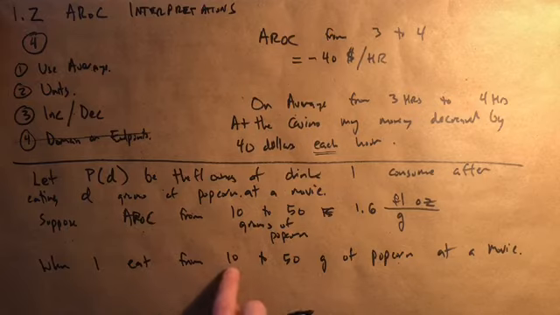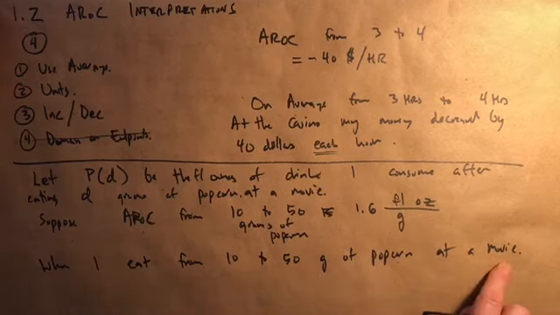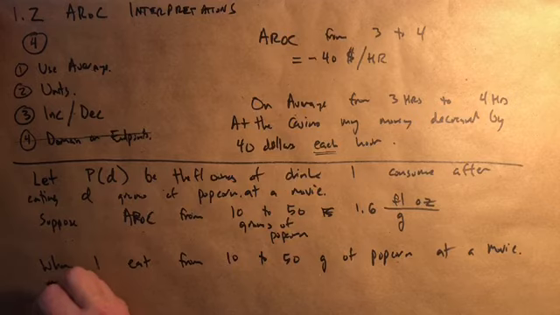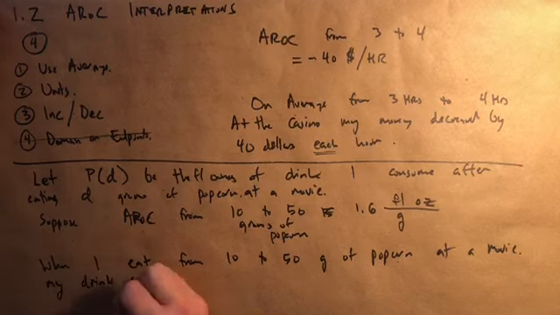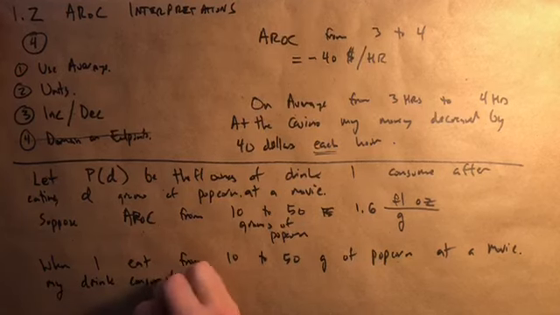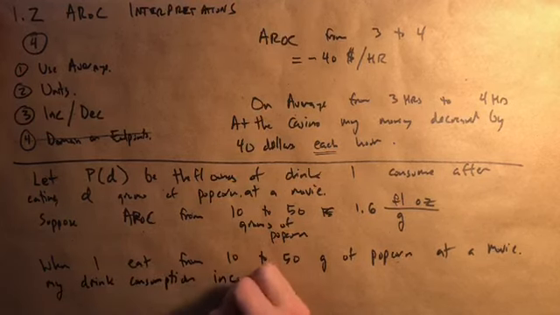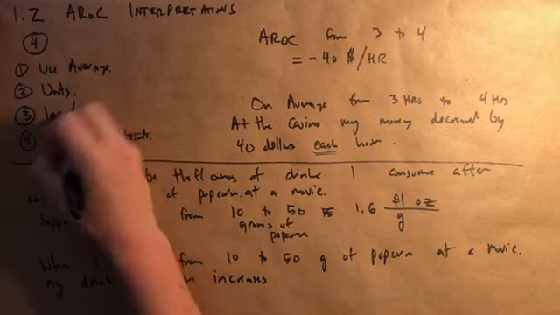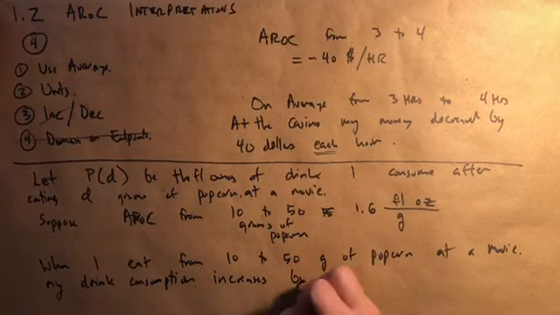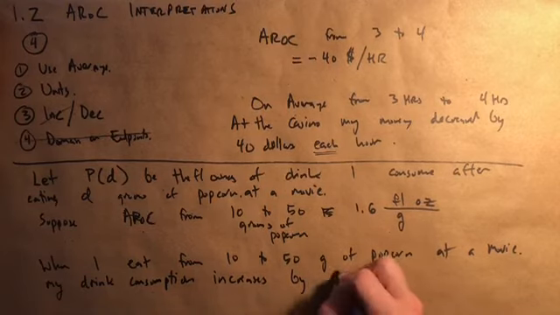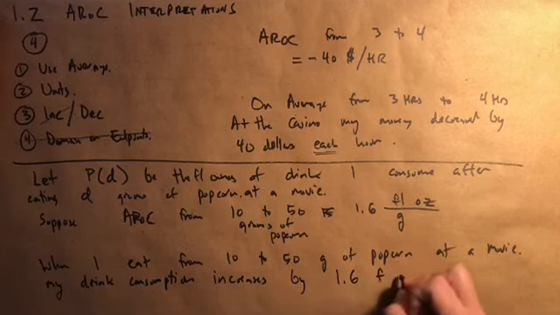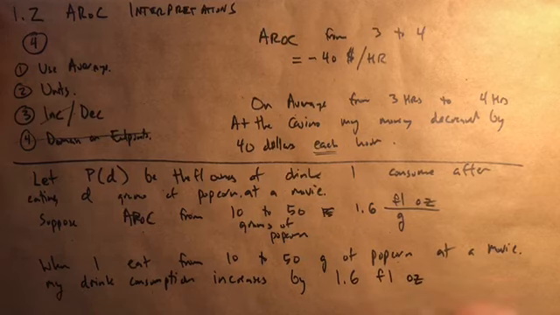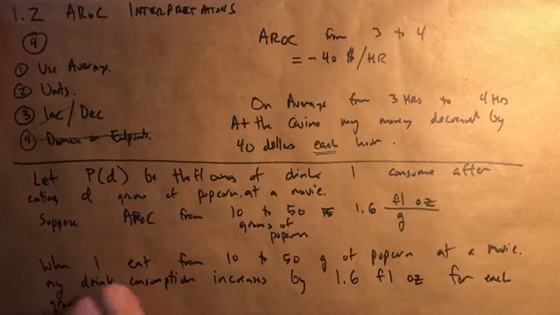When I eat from 10 to 50 grams of popcorn at a movie, my drink consumption increases, yes, by 1.6 fluid ounces for each gram on average.